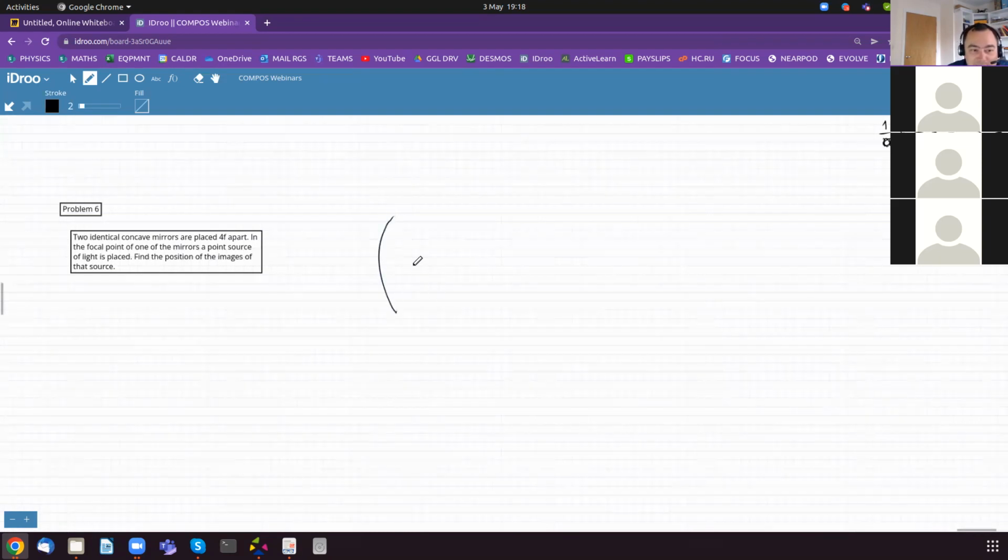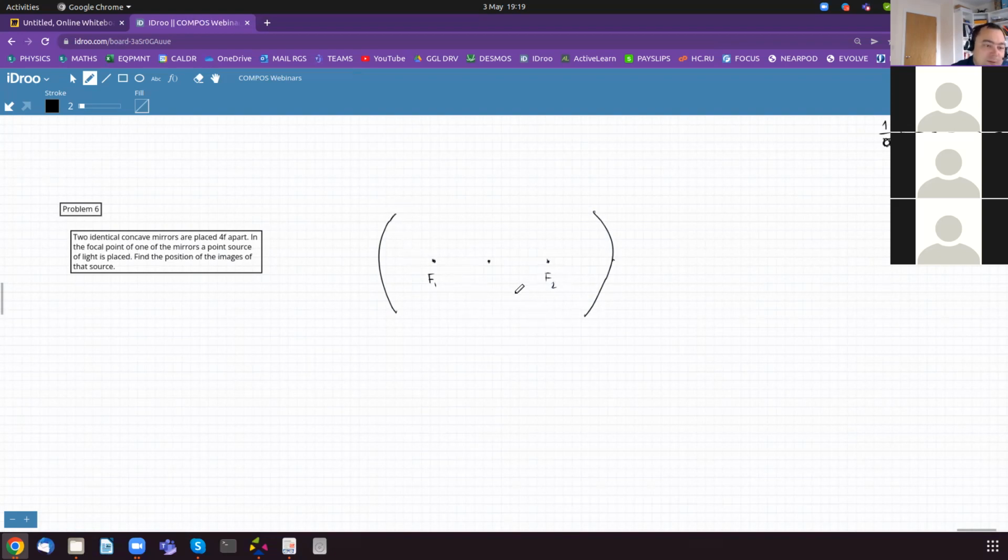So mirror, and that's the focal point. So we have another distance, and another. So the second mirror is here. This is the focal point of the first mirror, this is the focal point of the second mirror: F1, F2.